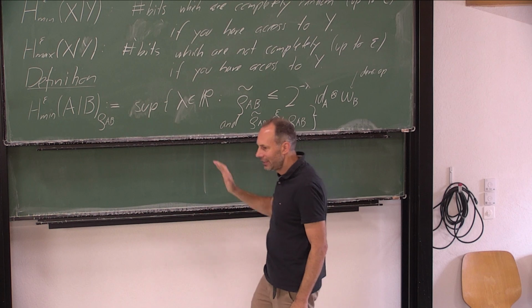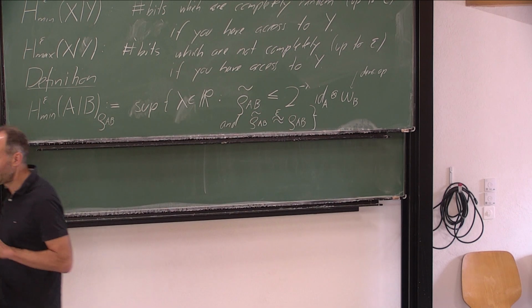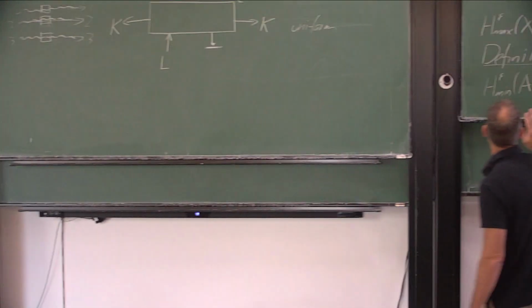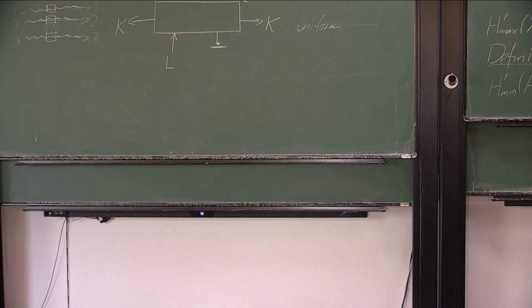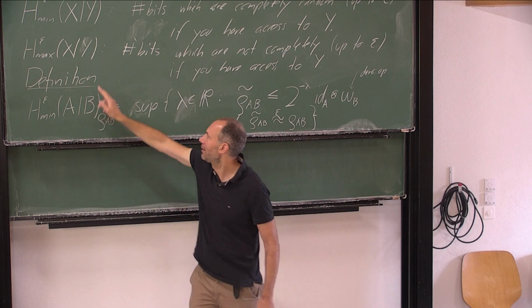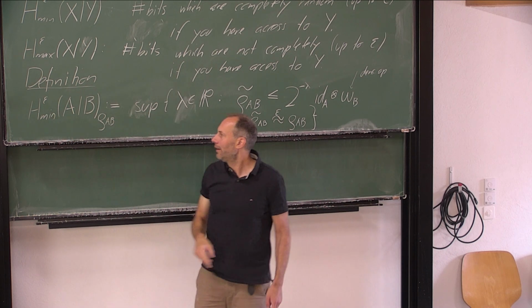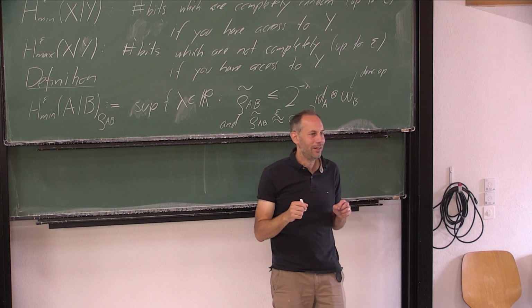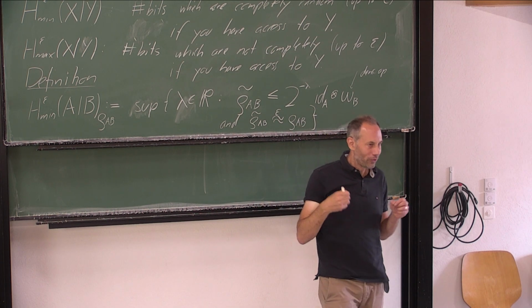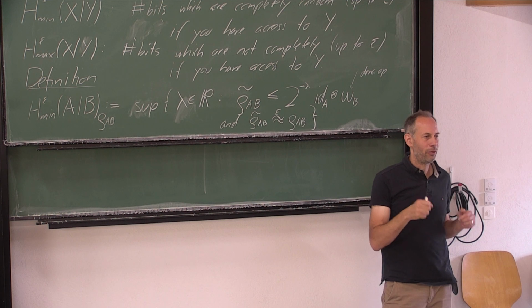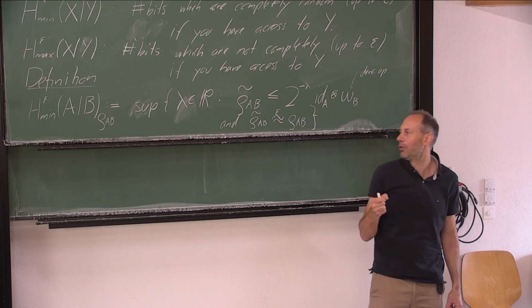So let's now turn to the leftover hashing, but maybe it's better if I first tell you about certain general properties of these entropies. So this is now an entropy measure, and by the way, the max entropy can be defined in a similar way, but actually you can just define it, and I think that's the modern way to do it, by the relation that I showed yesterday, that for a pure state minus the max entropy is that.